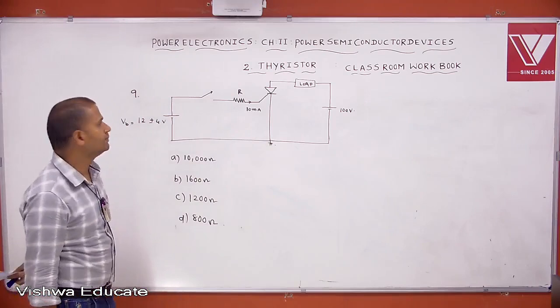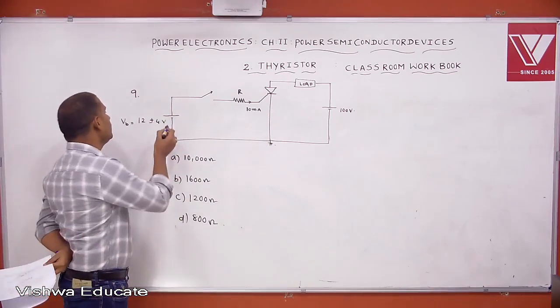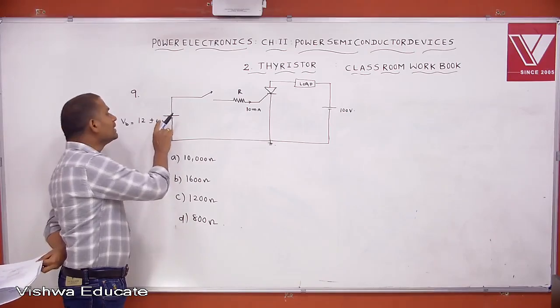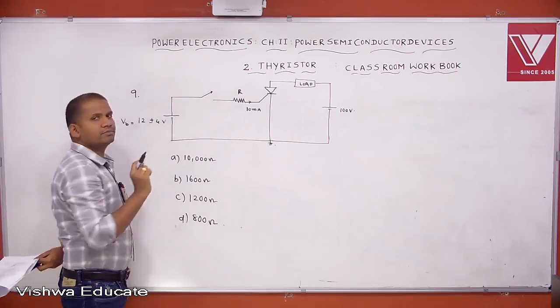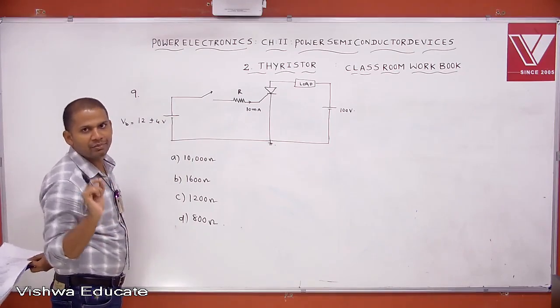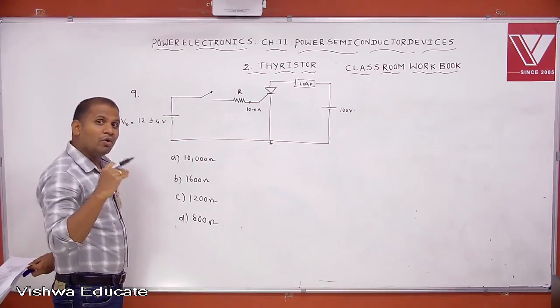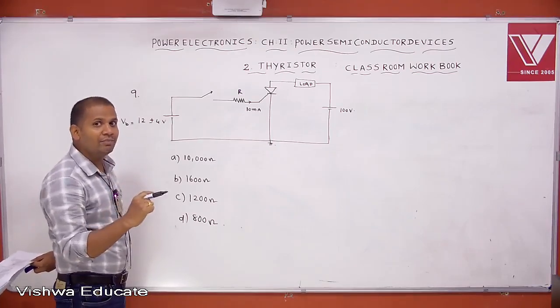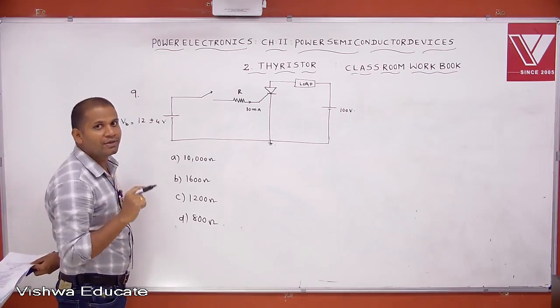That means whatever voltage we apply must drive 10 milliampere. Minimum is 10 milliampere reliably. Above that we can also apply, and then the SCR will be turned on. But below 10 milliampere, the SCR will not be turned on.